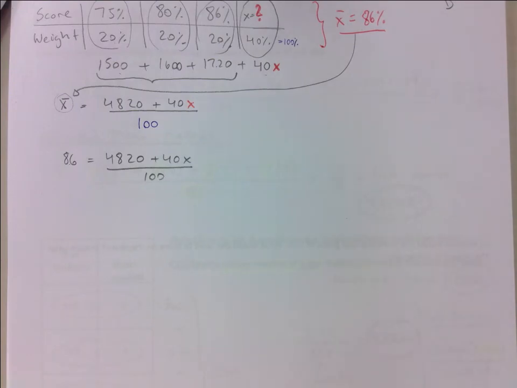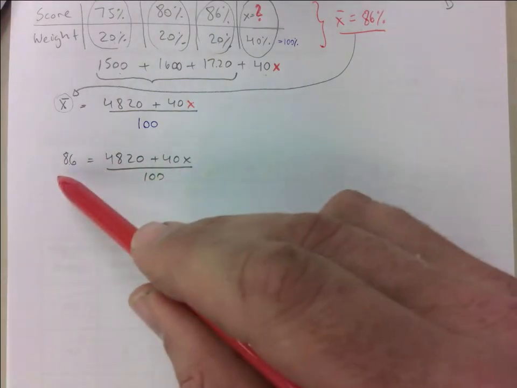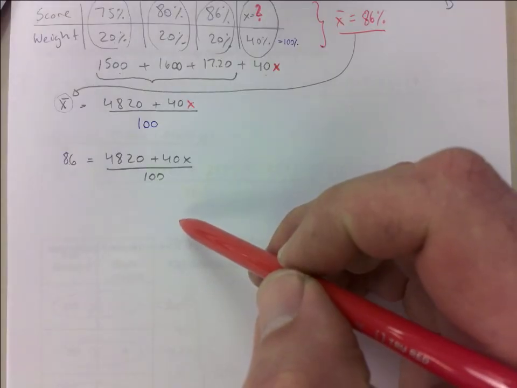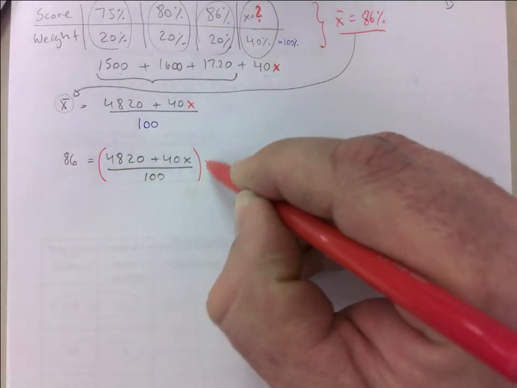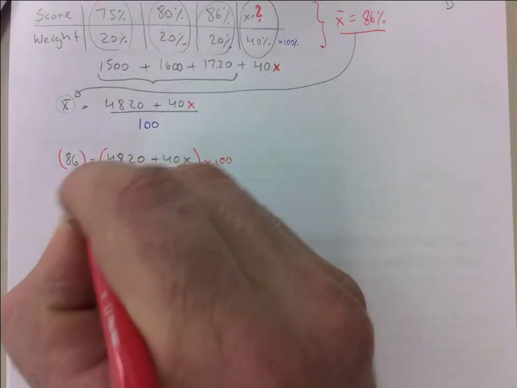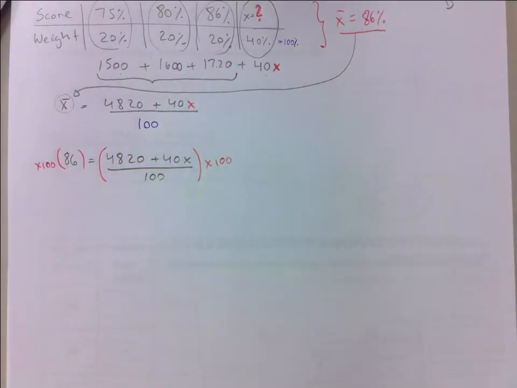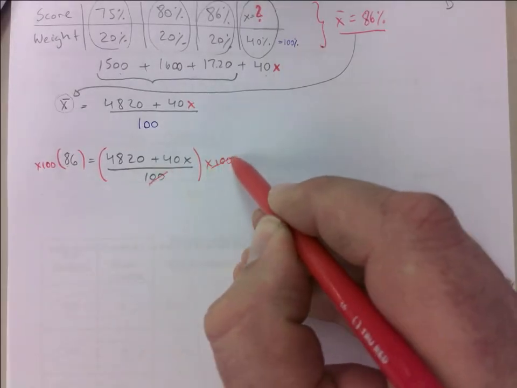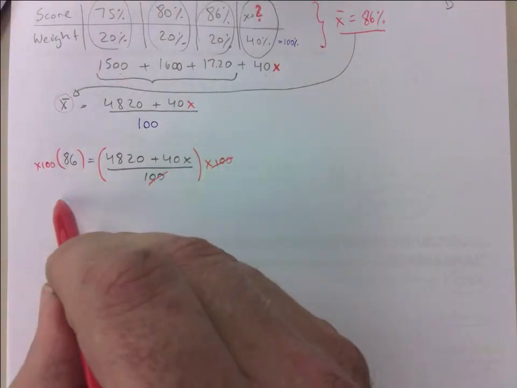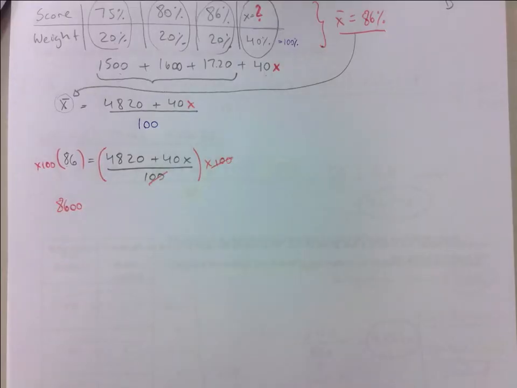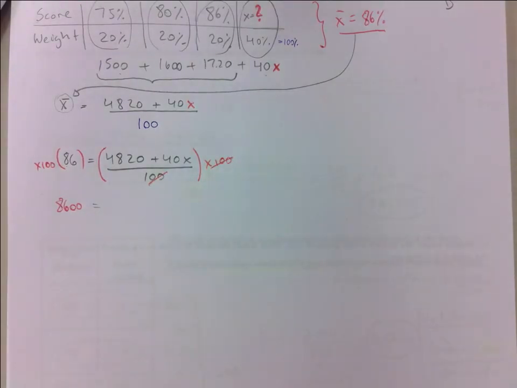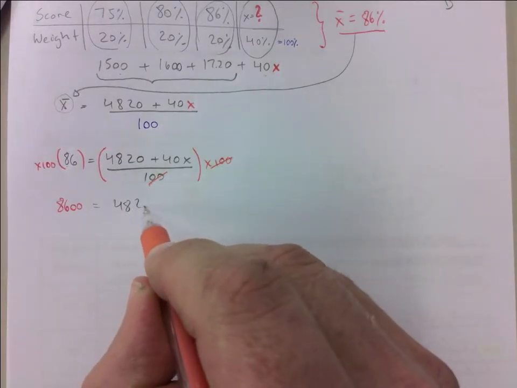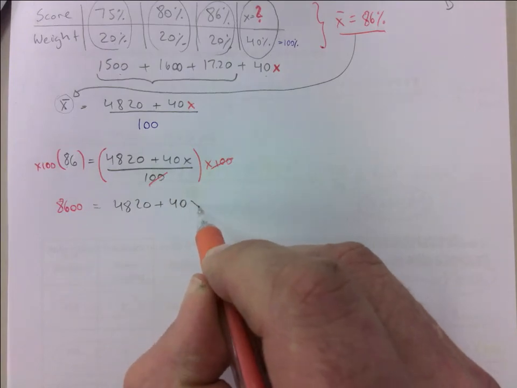My suggestion is whenever you have a denominator on either side, aim to get rid of that right away. So on this side, you multiply by 100, and you do the same thing to the other side. Cancels out the 100, perfect. 86 times 100 is just 8600. And you're left with 4820 plus 40x.